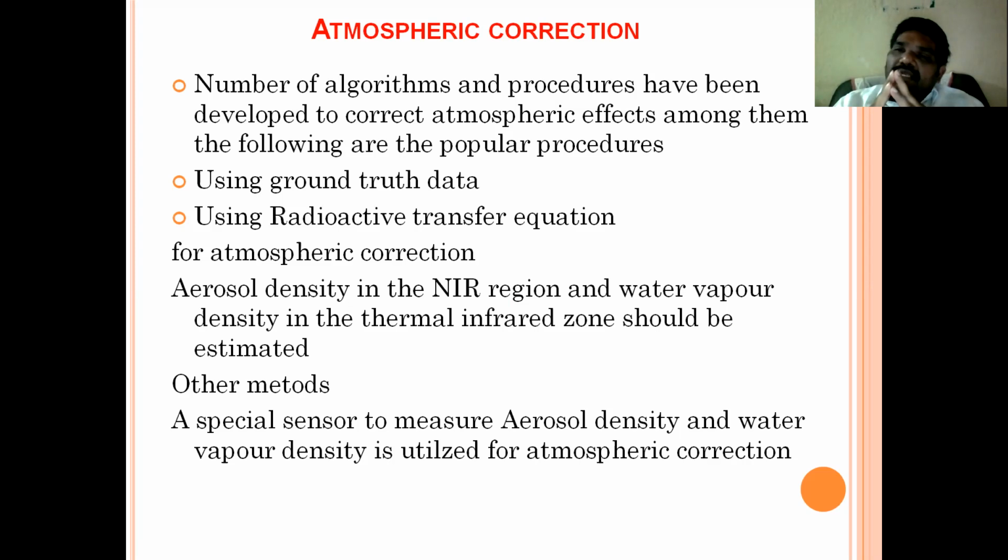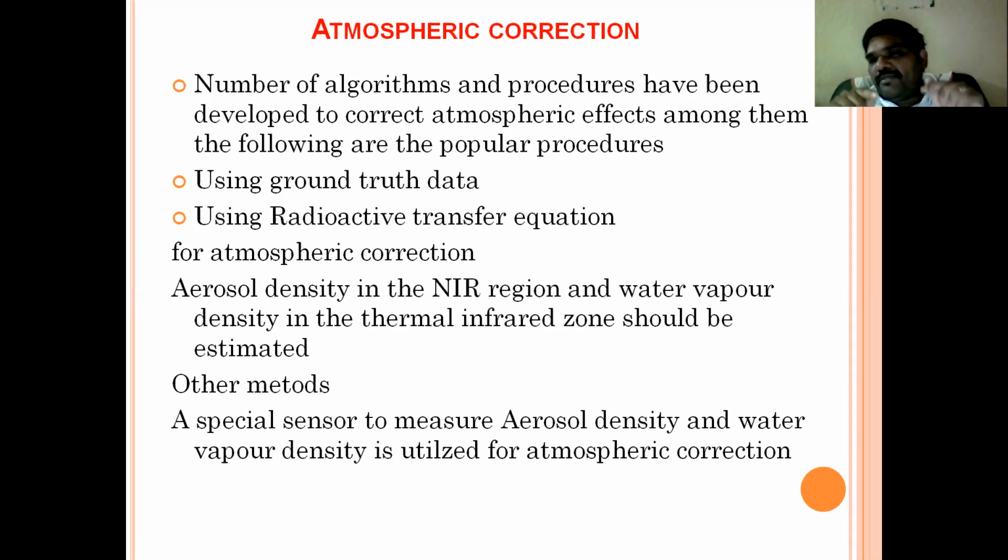Simply, by using radiative transfer equations, the density of aerosols in the NIR region and water vapors can be estimated. Remember the scattering because of the atmospheric constituents like dust particles, aerosols, water vapors, and gases like nitrogen and oxygen, which can influence the radiation.